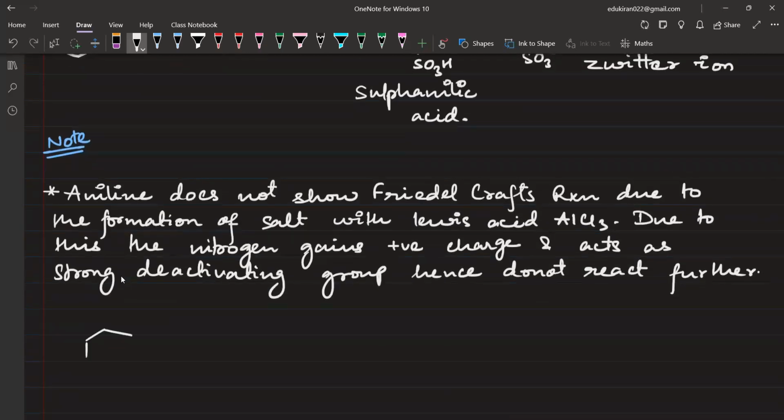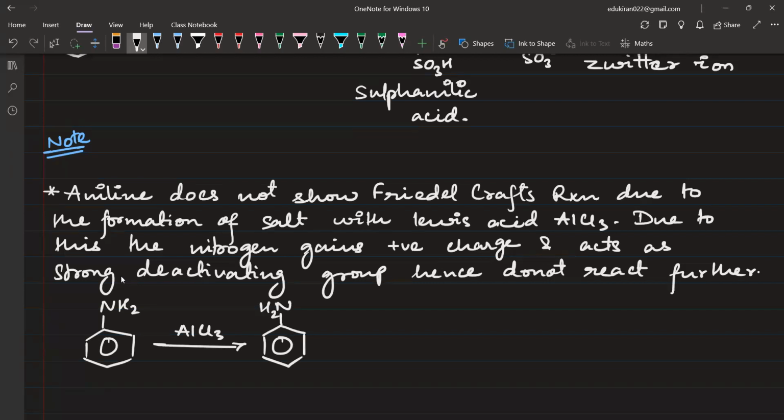आपके पास है aniline which looks like a benzene ring that is having a NH2 group. When you add here AlCl3, you will get nitrogen with 2 hydrogen and a positive charge, and AlCl3 will get the coordinate bond and it will also get the negative charge. ठीक है, so nitrogen atom is giving electron density to aluminium atom, that is why it is getting negative charge.